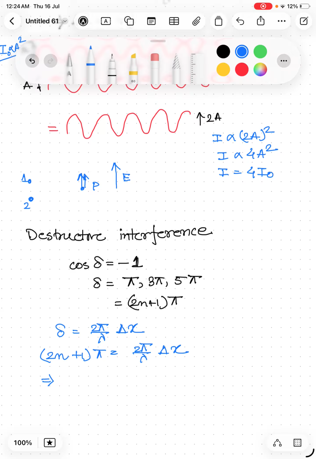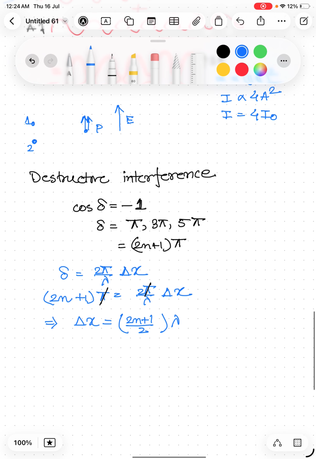So from there I am going to get delta x equals, pi pi cancels, (2n plus 1) by 2 into lambda, which is equal to (n plus half) lambda. So for this path difference, we are going to see a destructive interference.